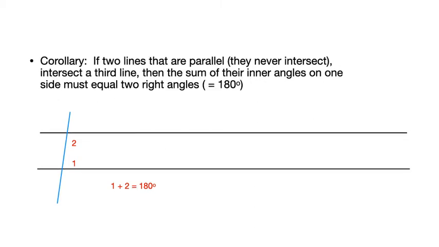There is an important corollary to this postulate. That is, if two lines are parallel, that is, they never intersect, and they intersect a third line, then the sum of their inner angles on one side must equal two right angles, or 180 degrees.